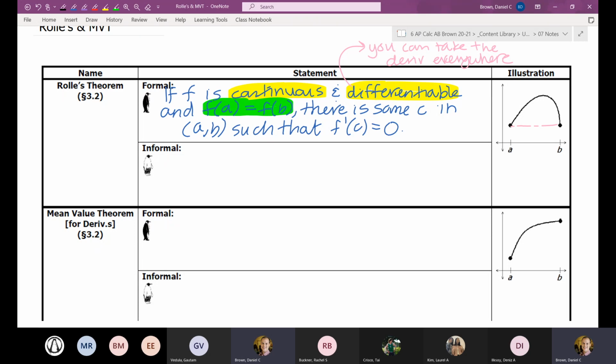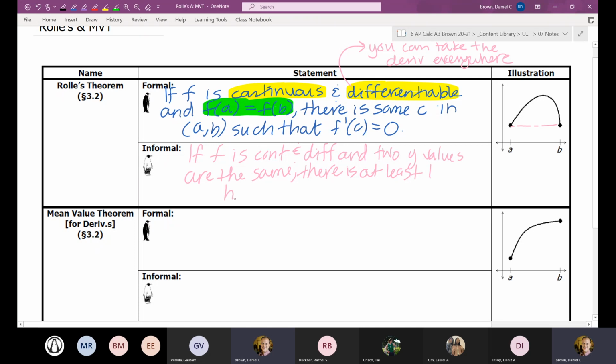So I think this one does make sense to put in everyday words. If f is continuous and differentiable, so again, those requirements have to be met, and two y values are the same, there is at least one horizontal tangent on the graph.